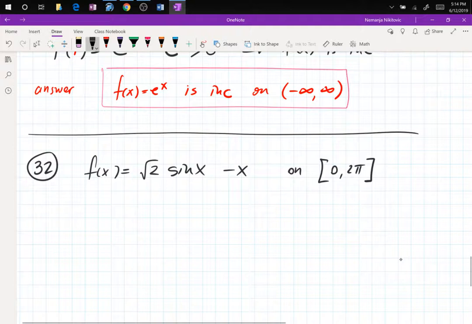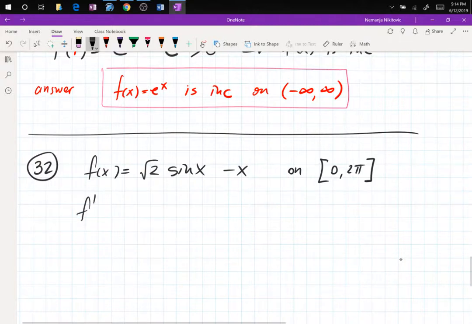Where do we start? We start with the derivative equal to 0 to find critical numbers. We already know there are no vertical asymptotes because sine function and the linear function x do not have any vertical asymptotes. So the only partitioning will be done by critical numbers if we have any.